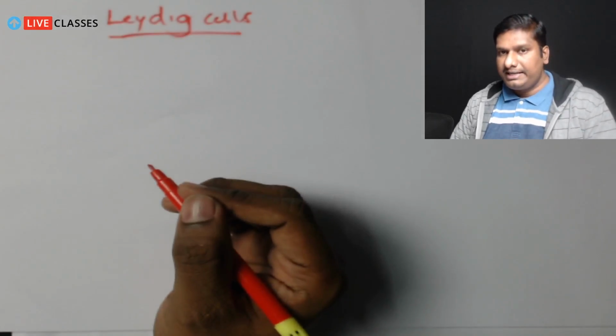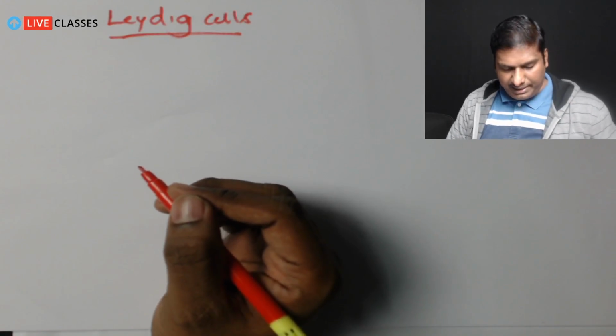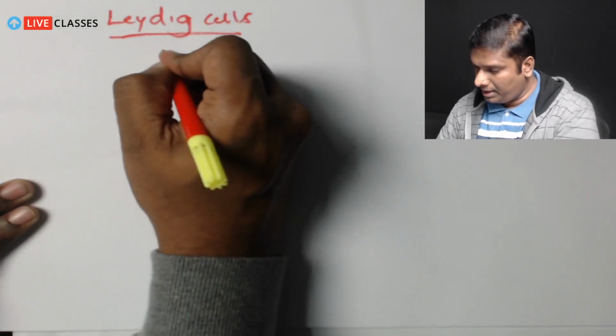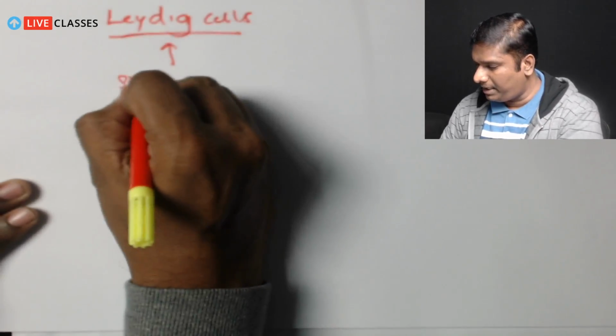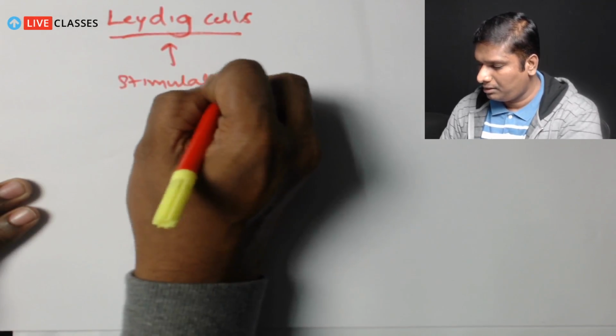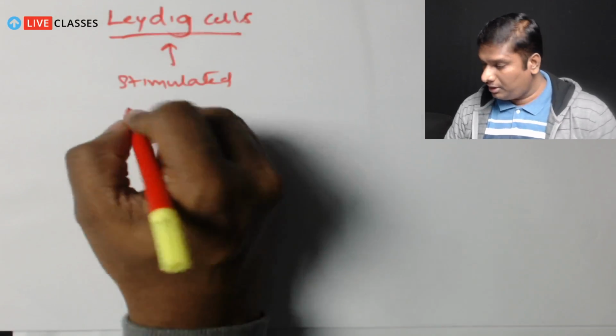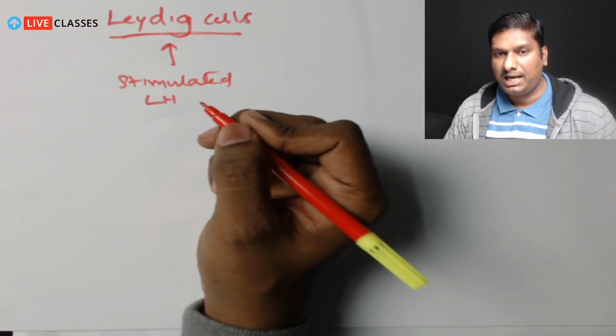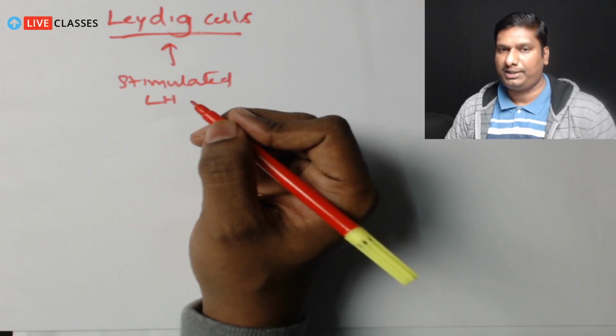These Leydig cells are stimulated by the luteinizing hormone, LH, which is secreted by your pituitary gland.